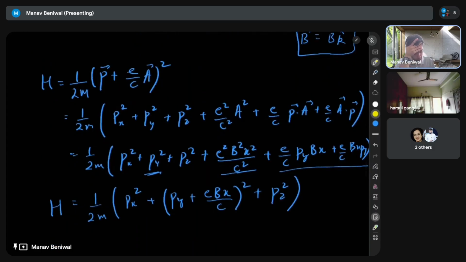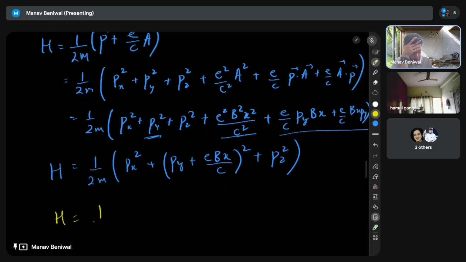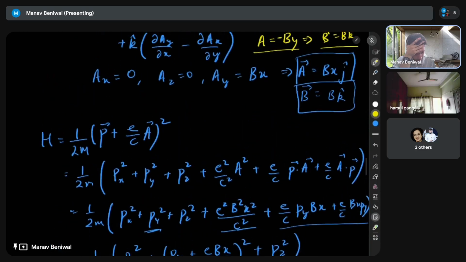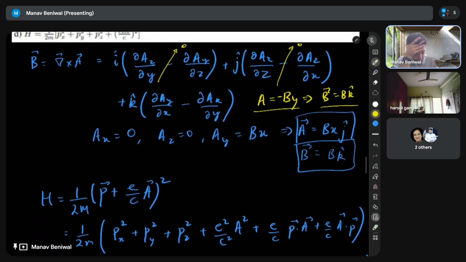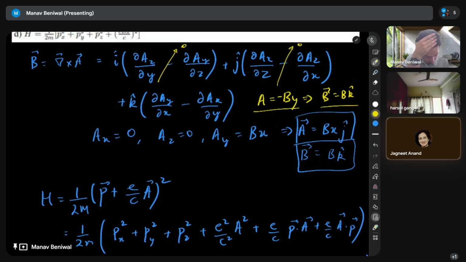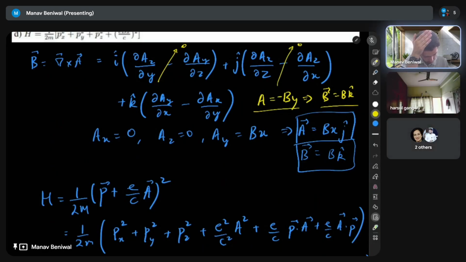Yeah, so in that case our Hamiltonian will have this form: px squared plus, then, okay, so it was minus By. Okay, 1 second. That is px minus eBy by c whole squared.